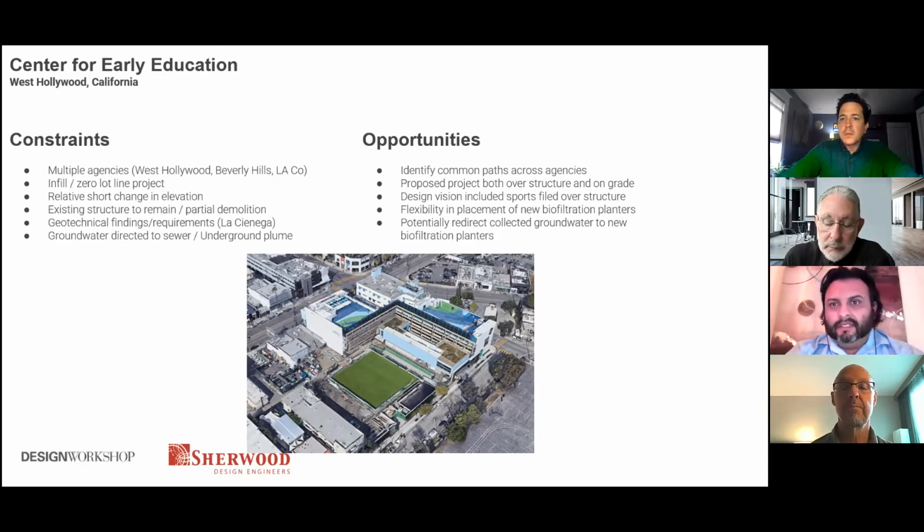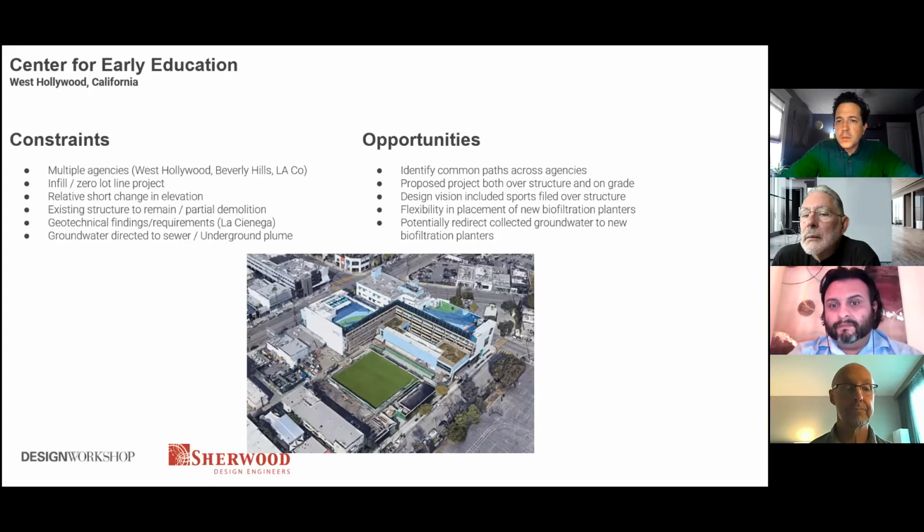And then the design vision was to create, there's no room to put any kind of play or sport facilities other than on structure, right? So what does it mean to put a soccer field on top of the structure, and what are some of those opportunities that come with it?